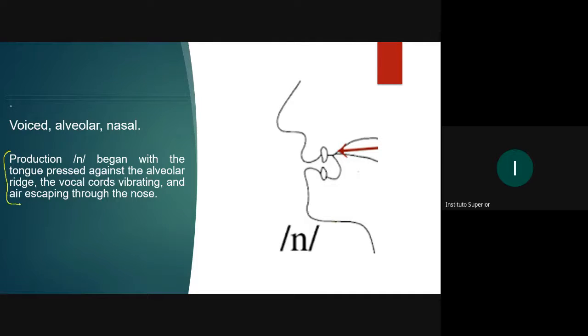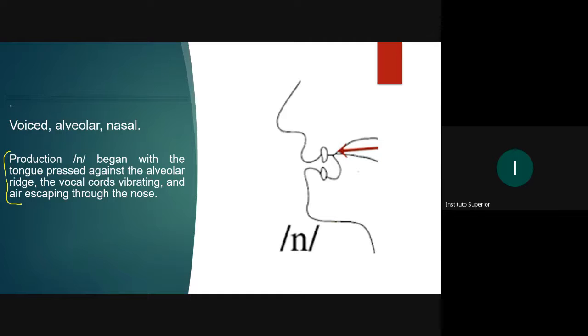And the production: the tongue pressed against the alveolar ridge, vocal cords vibrating, and air escaping through the nose. Okay. Thank you. Is it a voiced alveolar nasal?